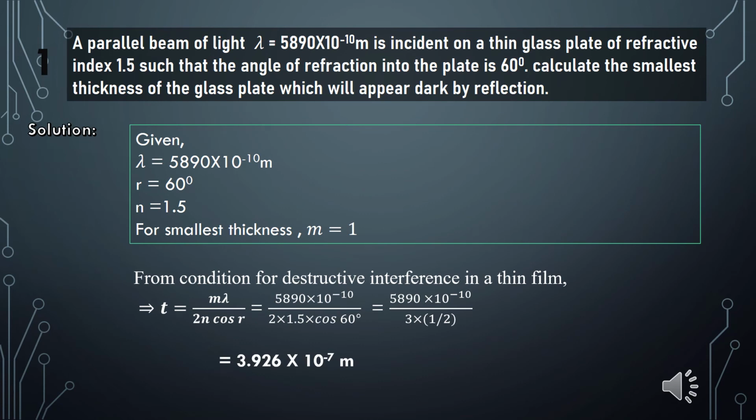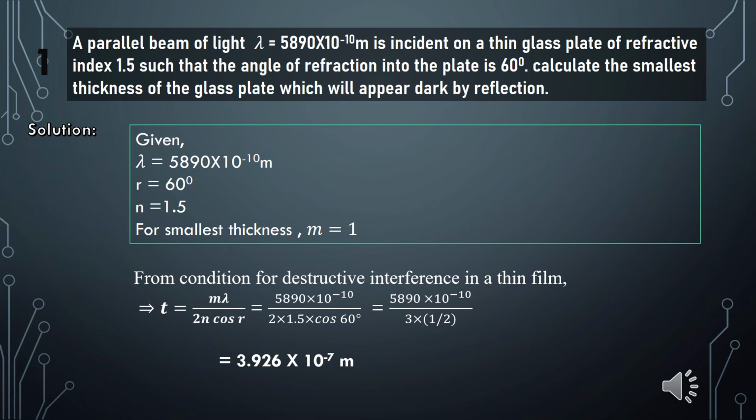Problem 1. Here we need to determine the thickness of the glass plate which will appear dark by reflection. The data given: wavelength of light lambda is equal to 5890 × 10^-10 meter, angle of refraction r equals 60 degrees, refractive index of the glass plate n equals 1.5, and for the smallest thickness the order m is equal to 1.